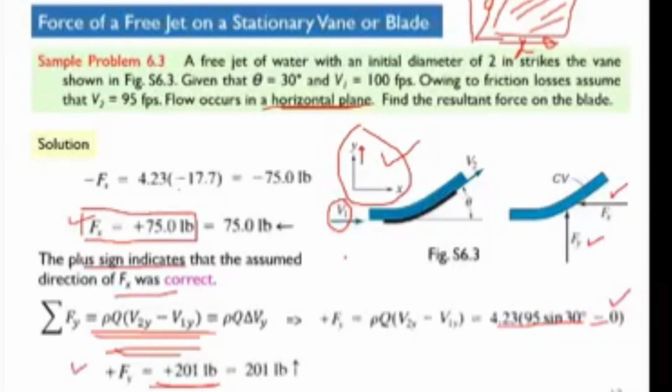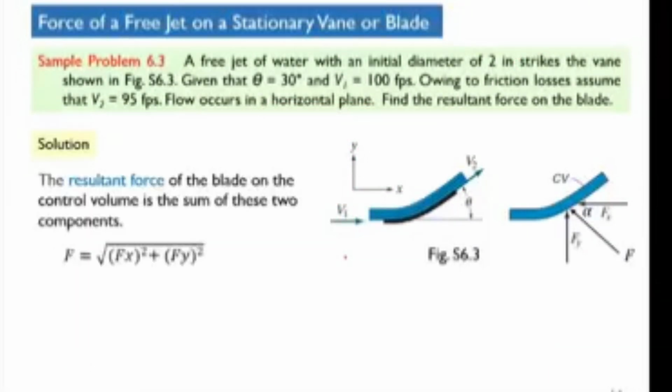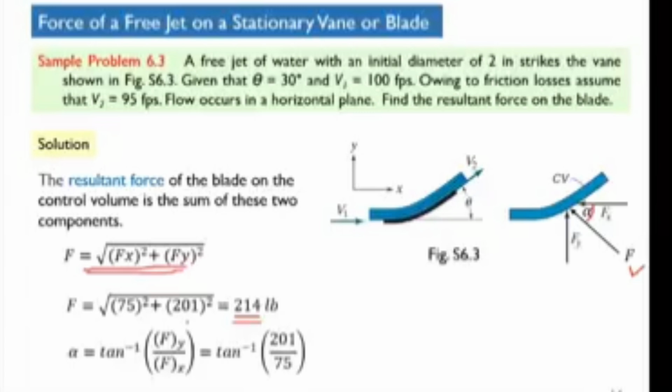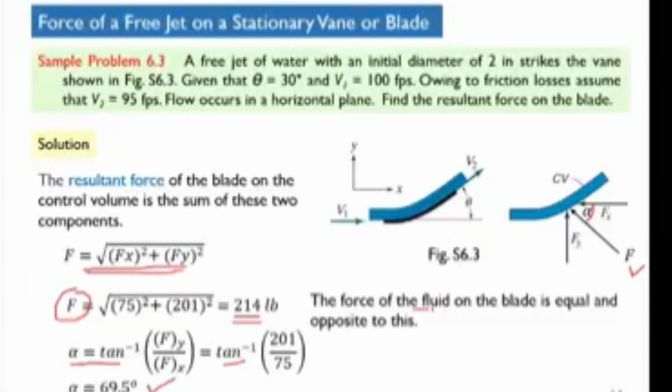So now we calculated the two forces, Fx and Fy. We can apply the Pythagoras theorem to calculate the resultant force. So the resultant force will be just square root of summation of the square of the two forces. So this is the total resultant force, and we can calculate its orientation. So alpha will be equal to tan inverse the two forces. Alpha is this. Now this is the external force. So the force of the fluid on the blade is equal and opposite to this.